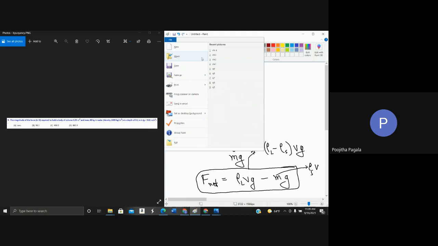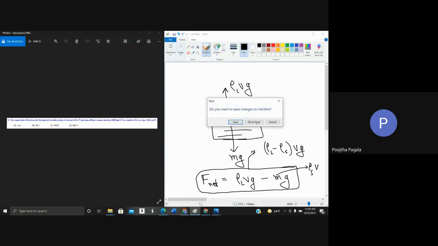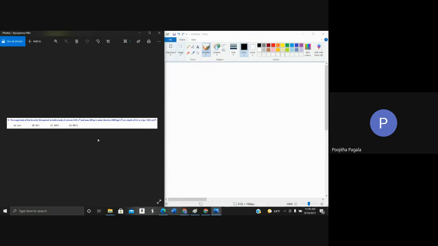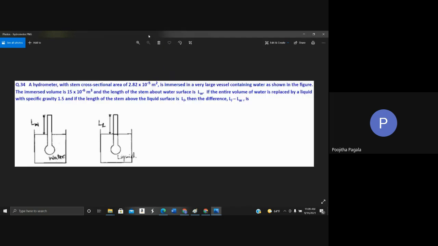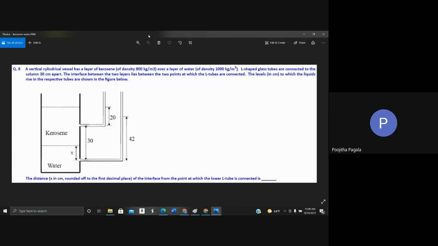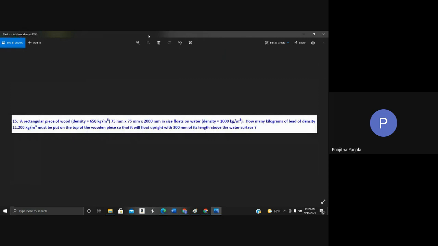So let us look at one more problem. This one. Uh, 4 minutes తీసుకోండి and try to solve this problem.